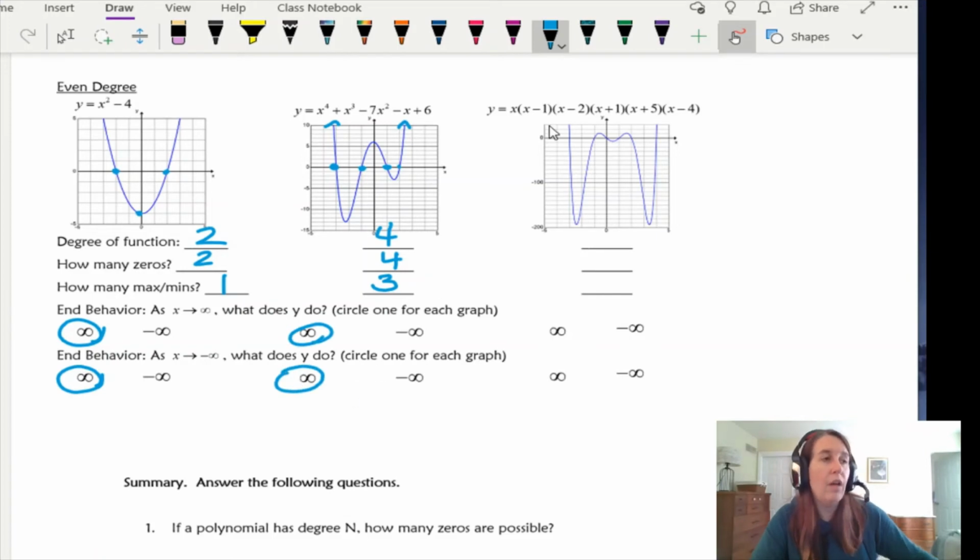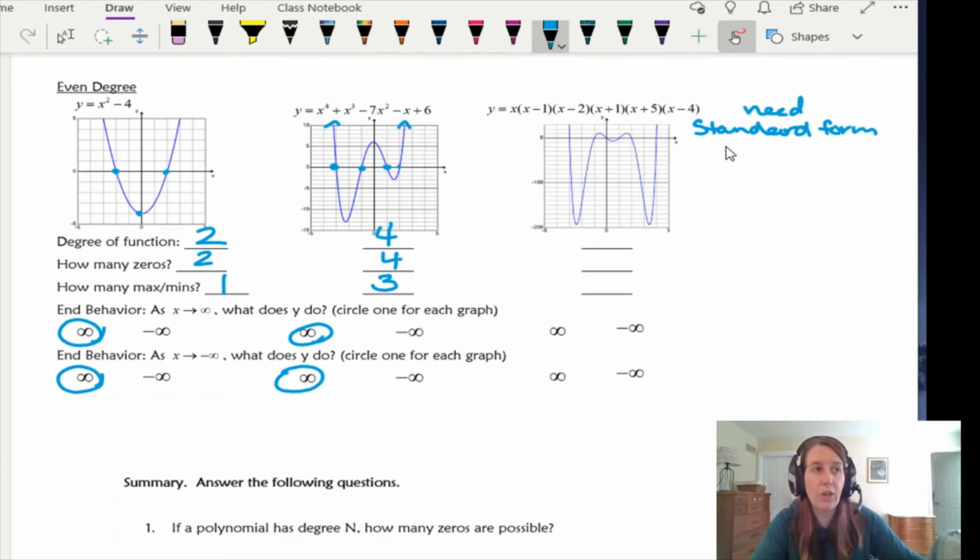Okay, all right. I hope that you counted how many x's would be multiplied together to turn it into standard form. So we need standard form, but we need the first term. Okay, and if you count how many x's would have been multiplied together, you get x to the 6th power.